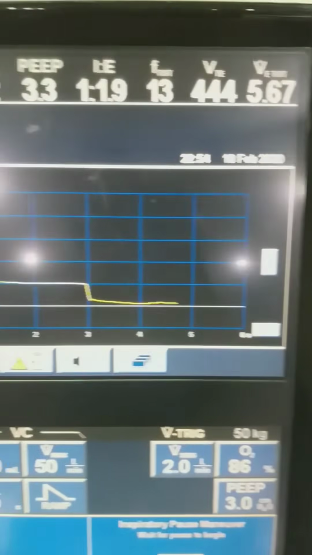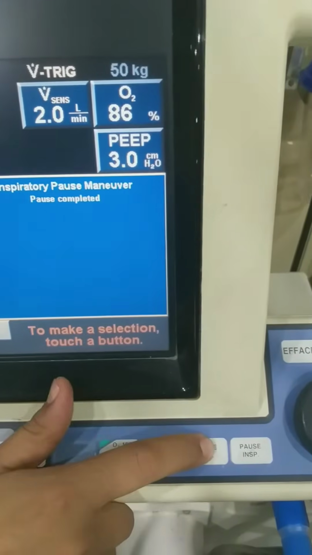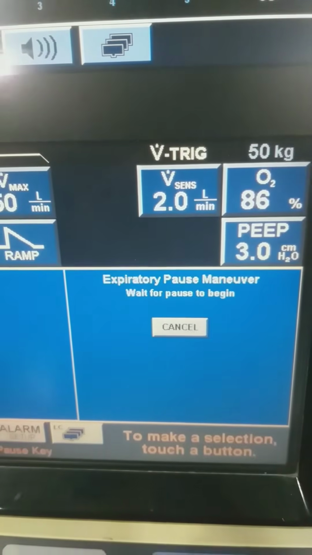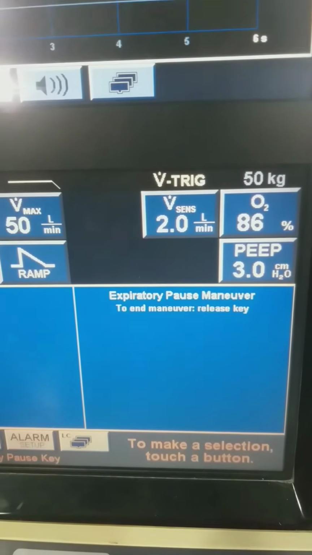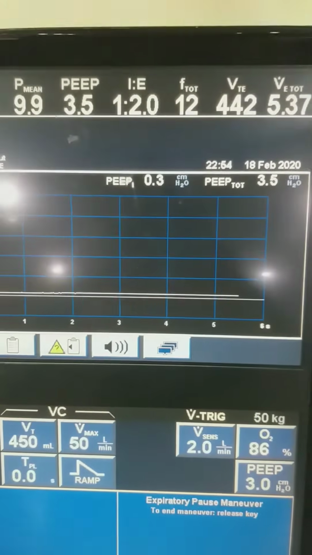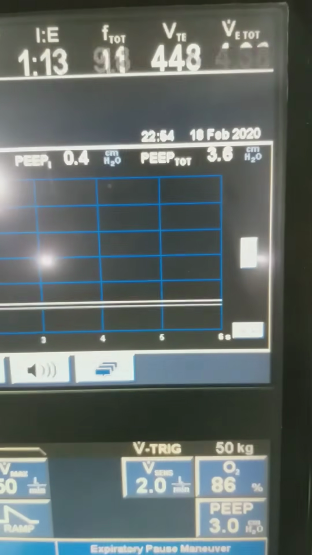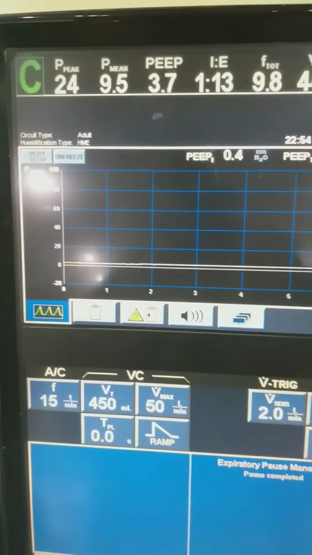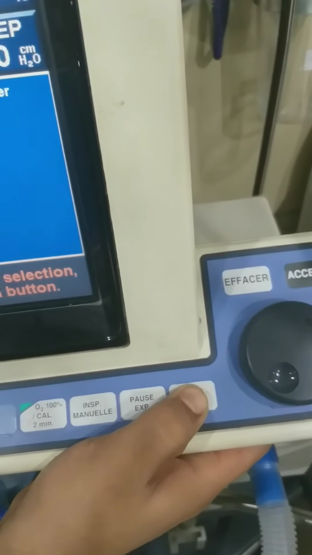We hold it for some time, and there will be a message that you need to look at, that it is completed. So inspiratory pause, better you wait for the pause, and now we need to end the pressure. Here you see the intrinsic PEEP when you press the expiratory hold, and it is shown along with the total PEEP. Total PEEP is the PEEP we give and the PEEP which comes from the body.